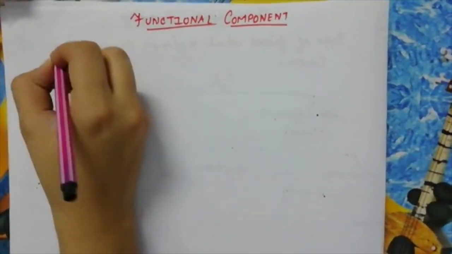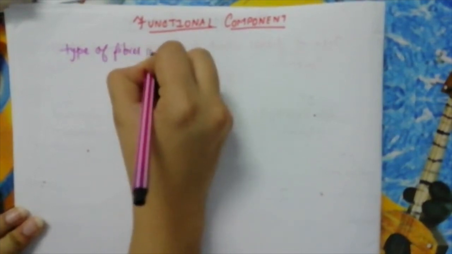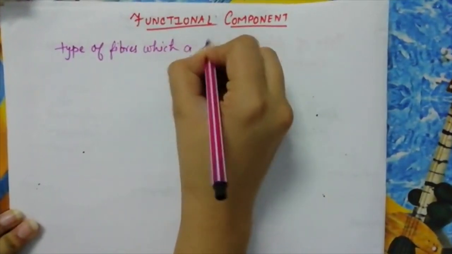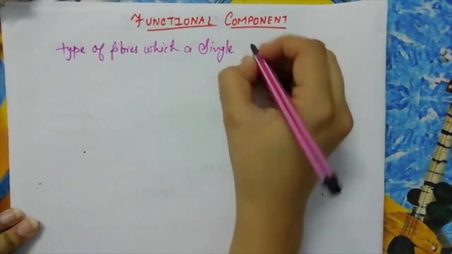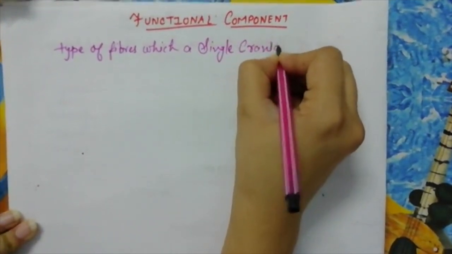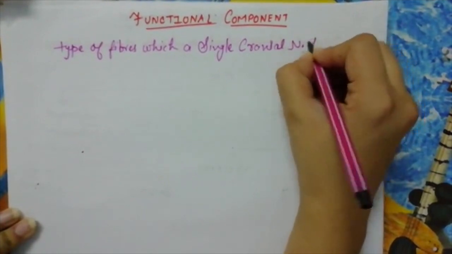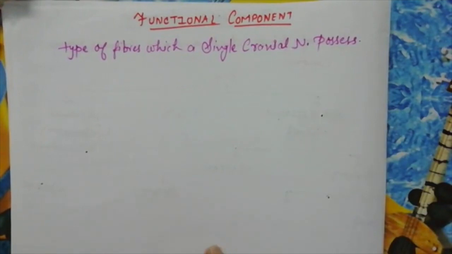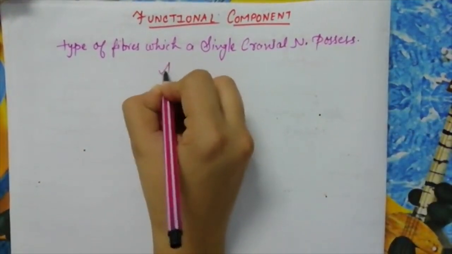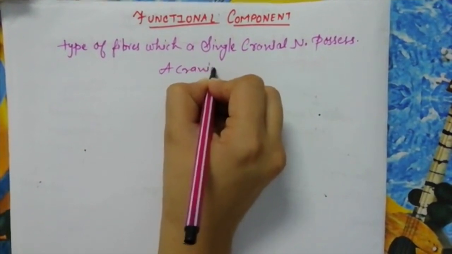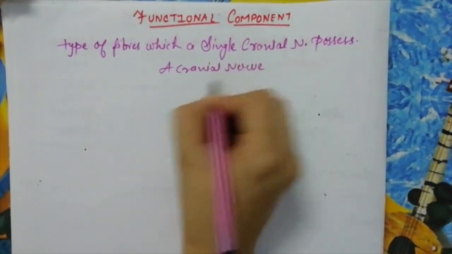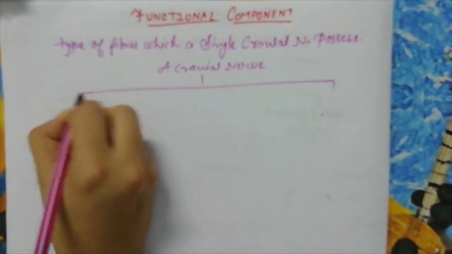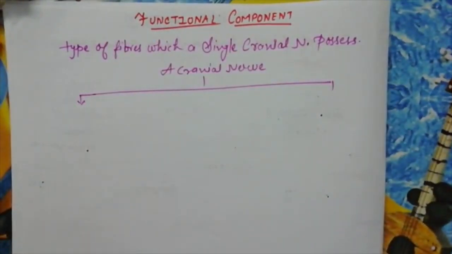What is a functional component? Type of fibers which a single cranial nerve possesses. Okay, so a cranial nerve contains two types of components.